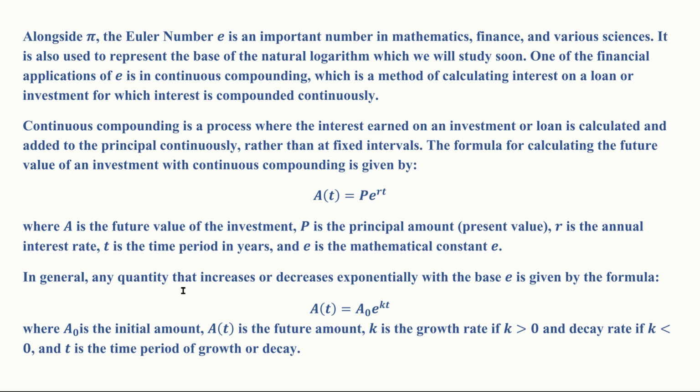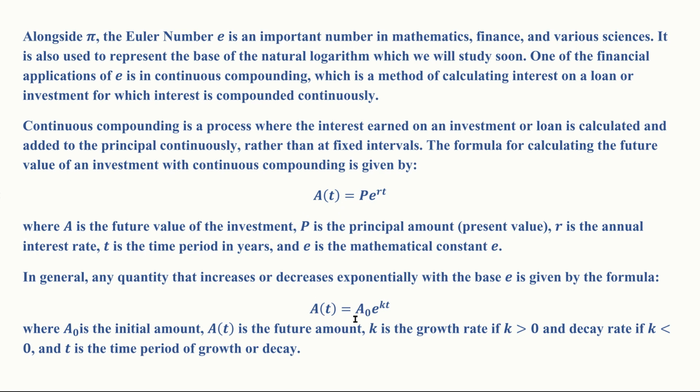In general, any quantity that increases or decreases exponentially with the base e is given by the formula, which is very similar to that formula. A of t equals A0 e to the kt. Here, A of t is again the future amount.